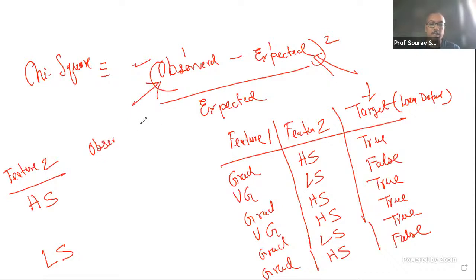Let's see observed and let's see expected. For the high salary cases, total number of cases are 1, 2, 3, 4. So 4 high salary cases and 2 low salary cases. Observed value for the high salary cases: 1, 2, true, 2, and false.